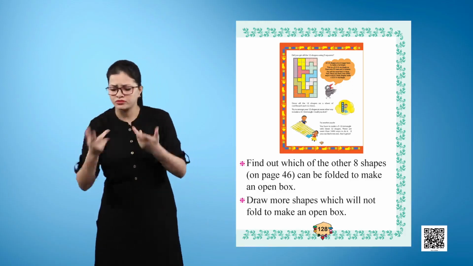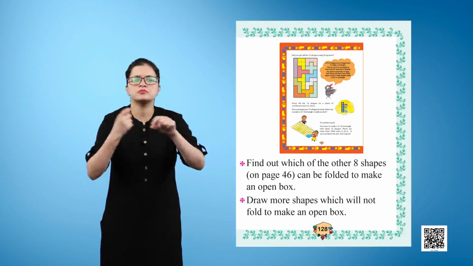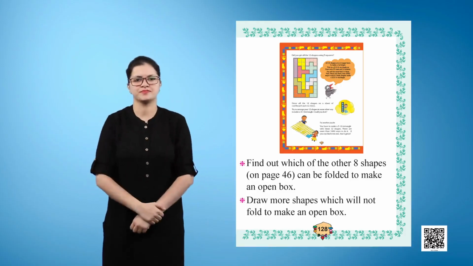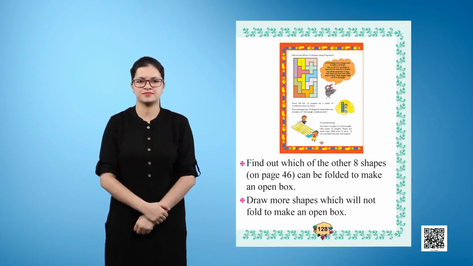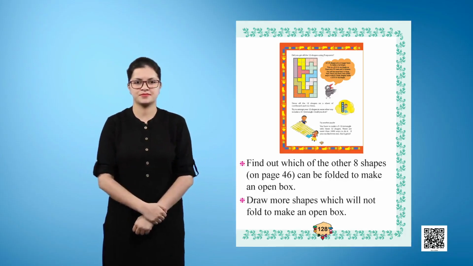We have 2 different pictures. The first picture shows us some different kinds of boxes, and the second one is a group of some shapes into which those boxes may or may not fold.